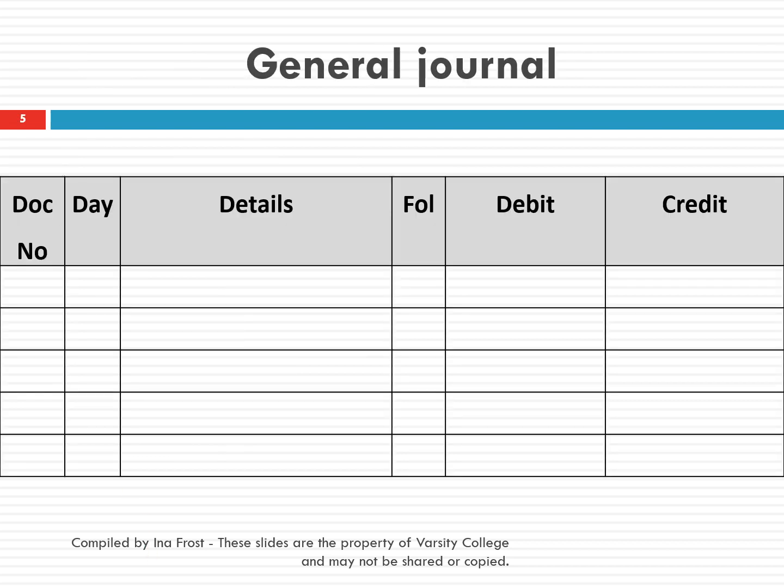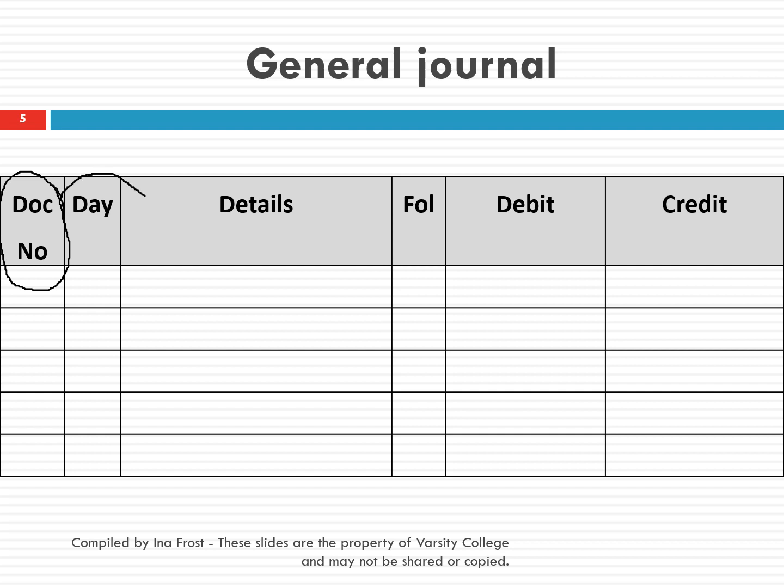This is what your general journal looks like. So it looks a little bit different to the other journals that we've covered in learning units 4 and 5. It contains a little bit less detail maybe than what we have traditionally seen in our other journals. So once again, we will record a document number in this journal, and that will typically be your journal voucher number.